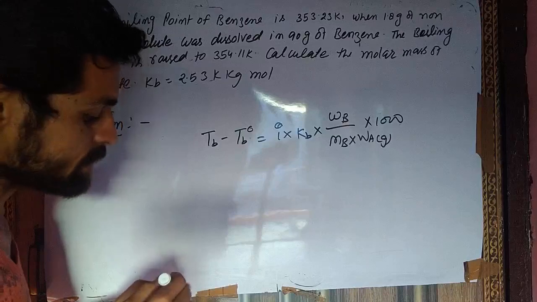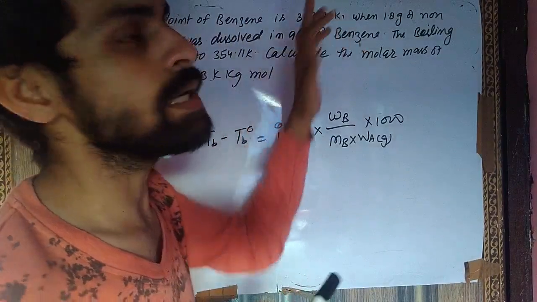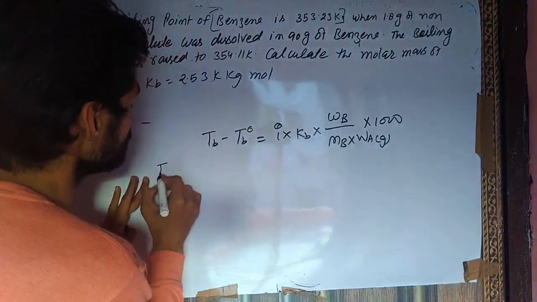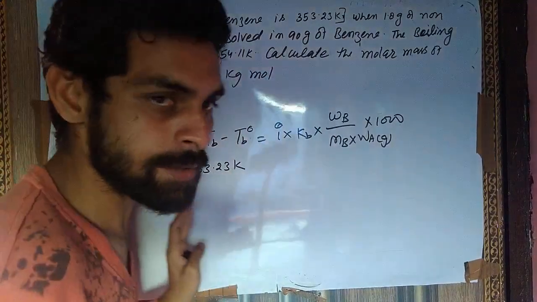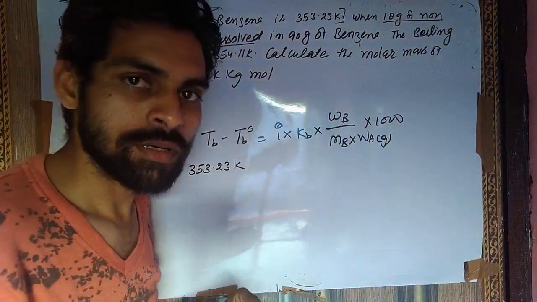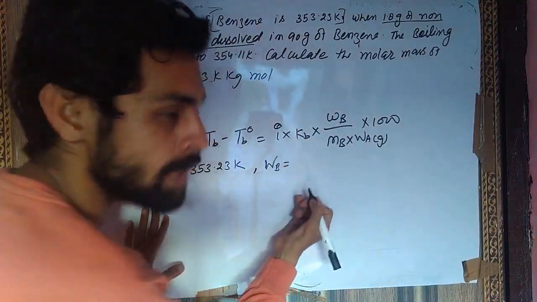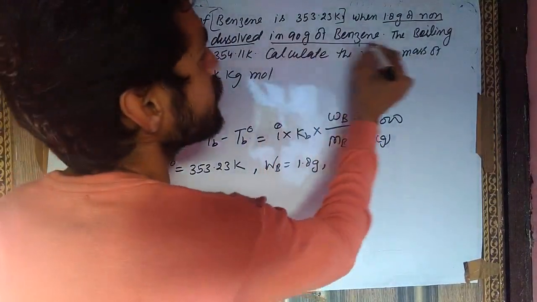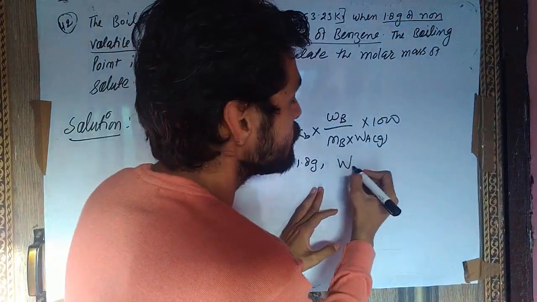What is asked? Students, the boiling point of benzene is 353.23 Kelvin. So here benzene is the solvent. Okay, so it is given to you, TB naught is 353.23 Kelvin. When 1.8 gram of non-volatile solute was dissolved, this is the weight of solute, WB is 1.8 gram, in 90 gram of benzene, meaning benzene is the solvent.